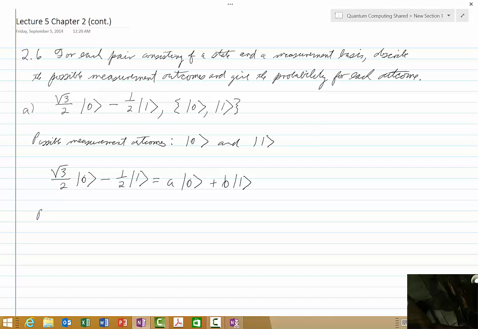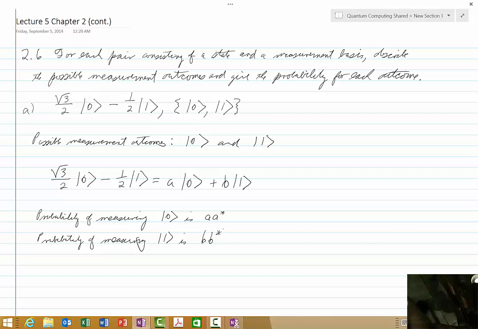So the probability of measuring 0 is A times A conjugate, and the probability of measuring 1 is B times B conjugate.